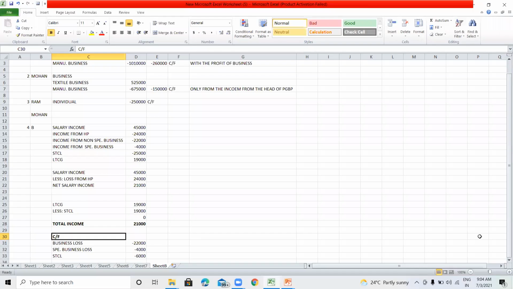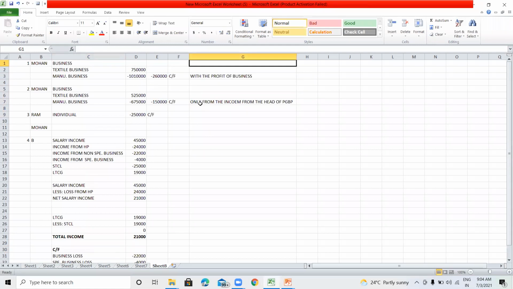If there is an assessee and there is a speculative business loss of rupees, for example, 1,50,000, then such a speculative business loss will be set off only with the profit of speculative business.